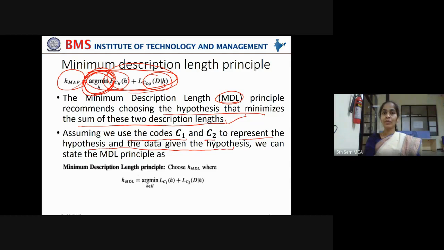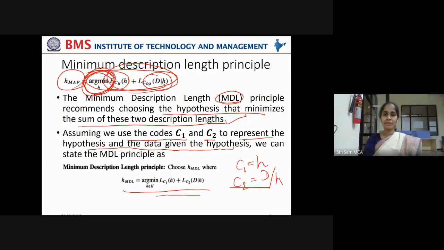Assuming we use code C1 to represent your hypothesis H, and C2 to represent your data given hypothesis H, we can state the MDL principle as follows.